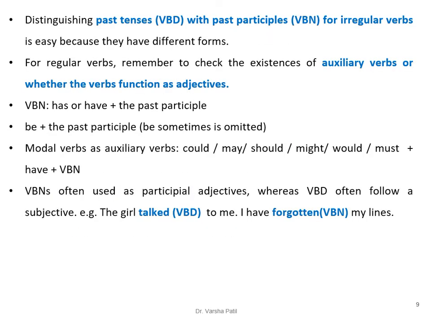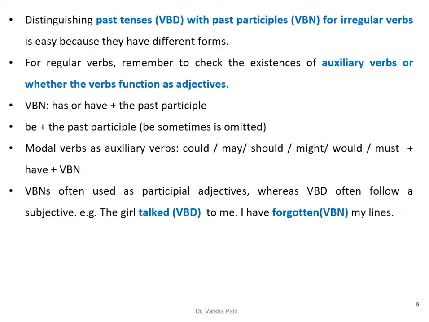Distinguishing past tense, that is VBD, from past participle VBN for irregular verbs is easy because they have different forms, but some words have the same VBD and VBN, so at that time we need to understand the rules. For regular verbs, remember to check the existence of an auxiliary verb to see whether the verb functions as an adjective.